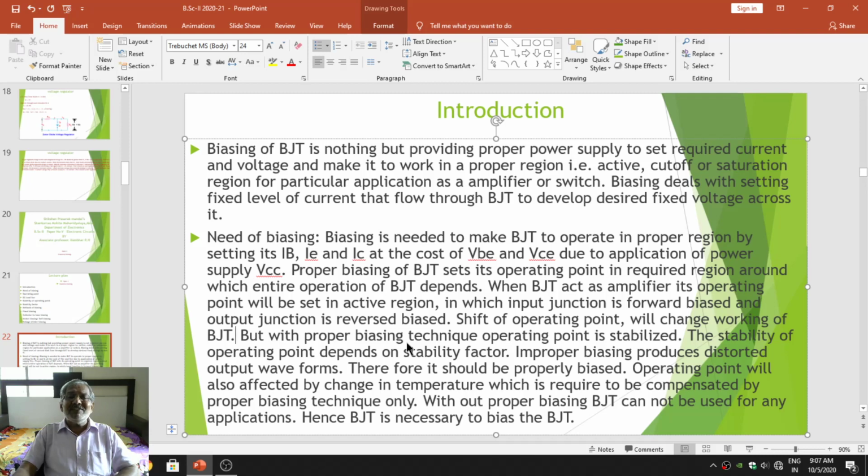But with proper biasing technique, operating point is stabilized. Means once it is adjusted in a particular region, it will be maintained in the same region till the completion of operation of BJT. The stability of operating point depends on stability factor.